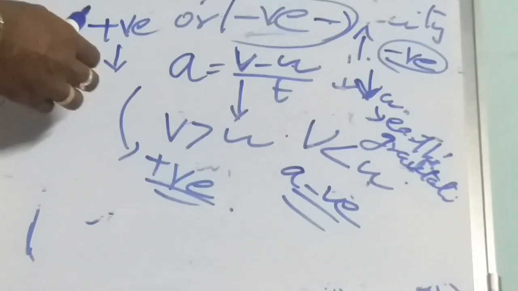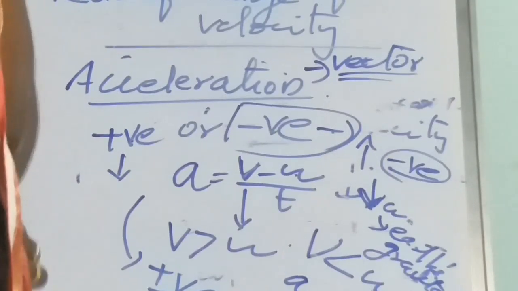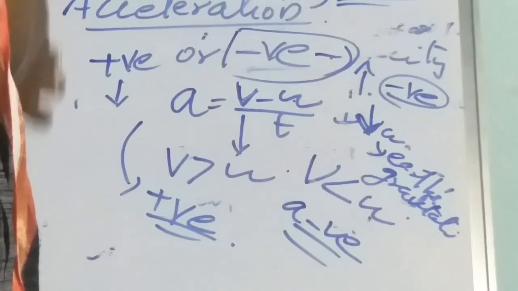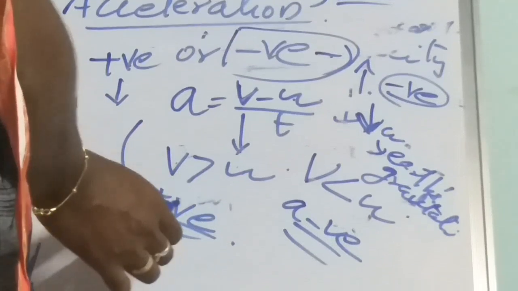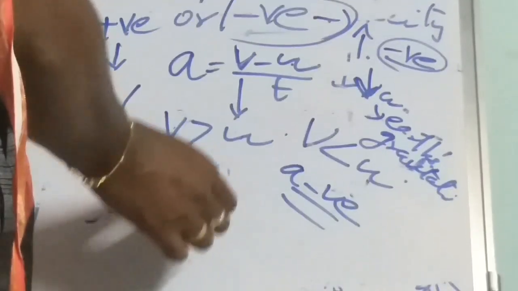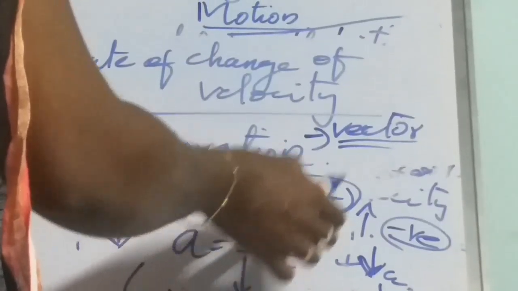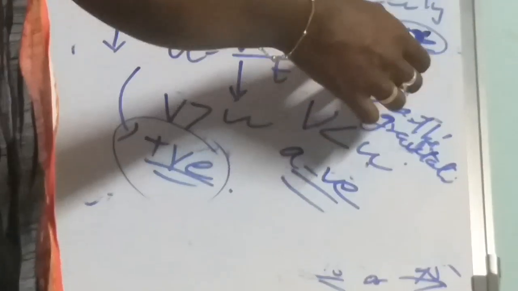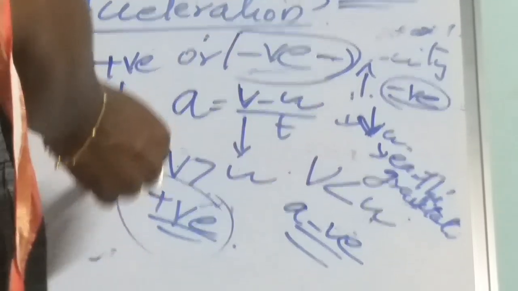That is about positive and negative acceleration. If the acceleration is in the same direction as velocity, it is called positive acceleration, where v is greater than u, so a becomes positive. In the case of negative acceleration, the acceleration is in the opposite direction of velocity, so v is less than u and a becomes negative.